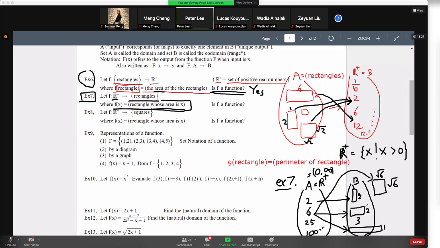By the way, we allow decimals too. So it could be a very skinny rectangle right here, where this side is 60 and this side is 0.1.